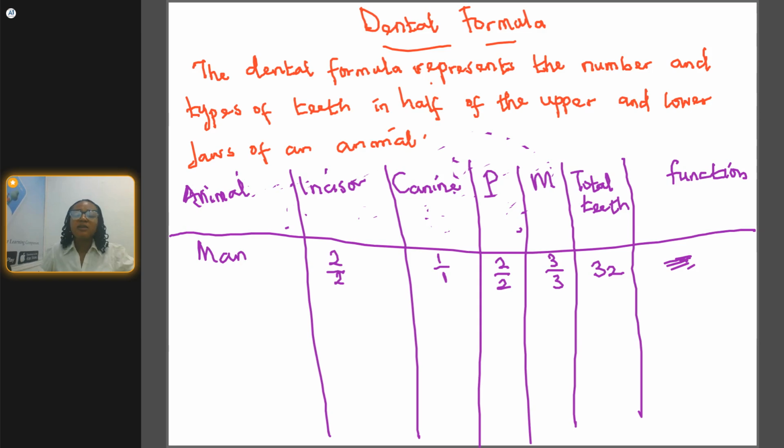So how did we arrive at this formula? I am going to explain that for humans so that you can know how other formulas come about. All right, so for humans, this formula means that we have two incisors at the upper part.